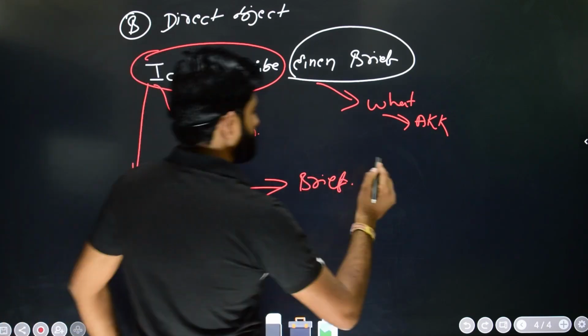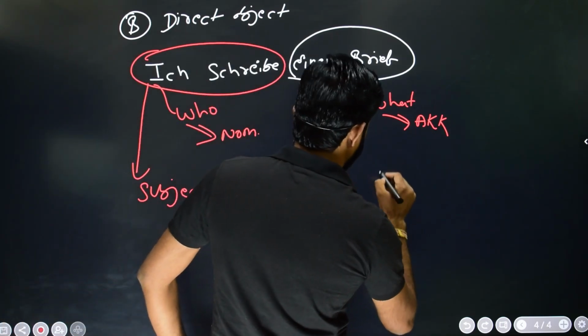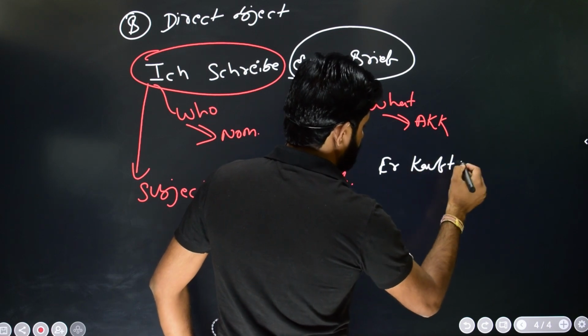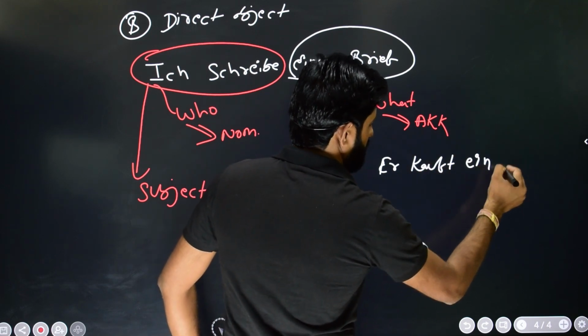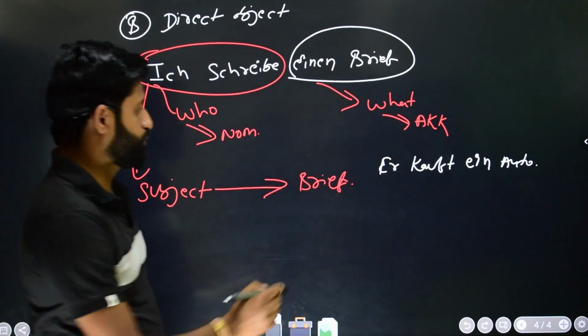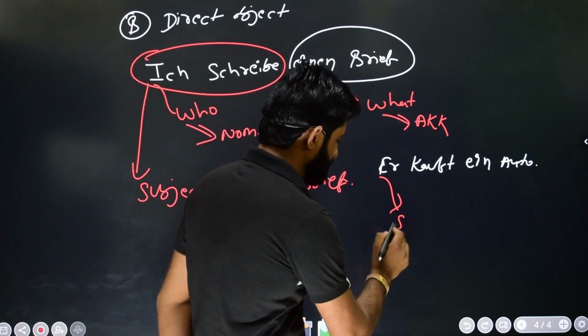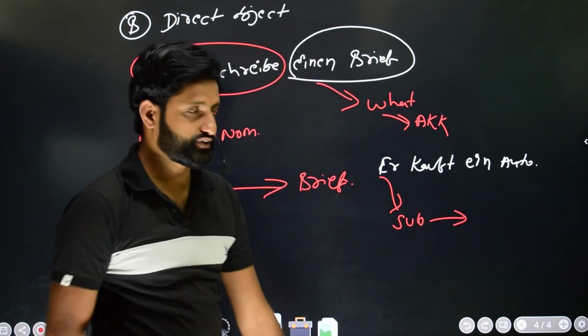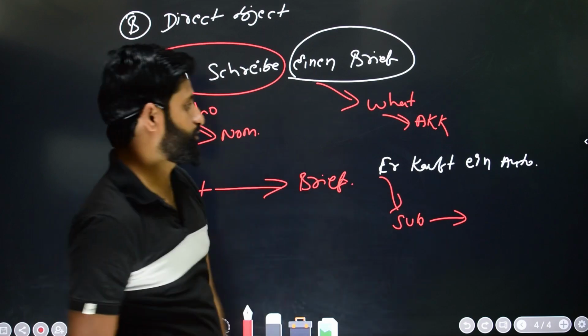Now, one more example. Er kauft ein Auto. Er kauft ein Auto. So who is the subject? Er is the subject. And which is the direct object? Auto, that is the car. The article of Auto is das Auto.